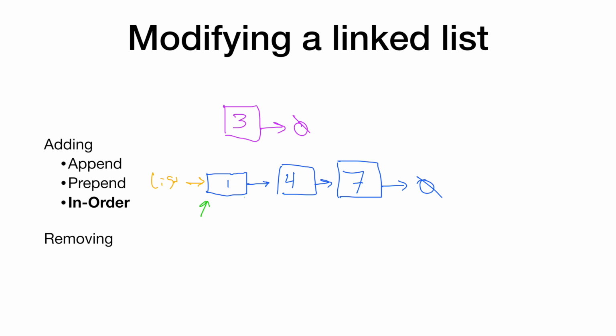It's going to need to go between 1 and 4. So then we break this link and we add that link and that one. And now the list ends up staying in order: 1, 3, 4, 7. So that's how you add things either at the beginning, at the end, or in the middle somewhere.